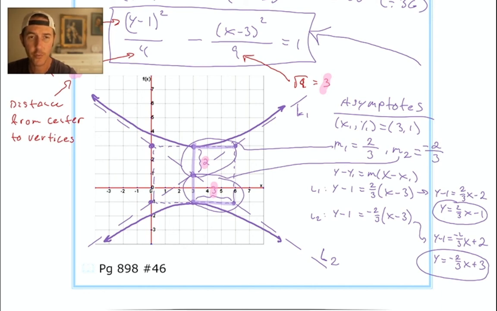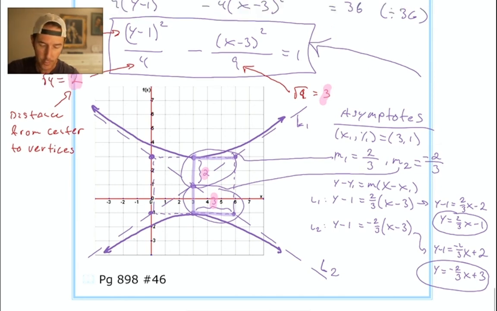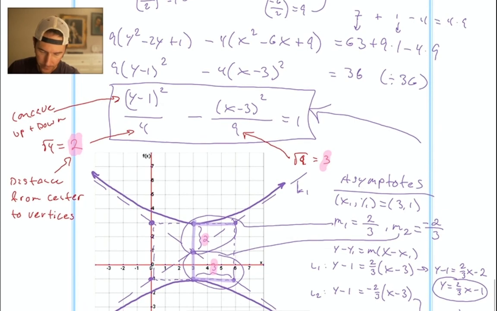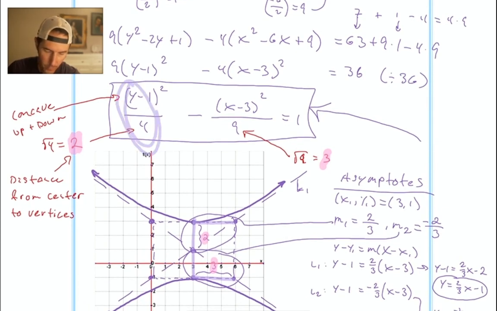Obviously, it's easy to extract the center from that equation, and then the 4 is under the y, and the square root of 4 is 2. So you start at the center and you go up and down 2. Those are the vertices. And then in the x direction, you need to go side to side 3 units, because 3 is the square root of 9. You do that from either of the vertices and you've got yourself your rectangle.